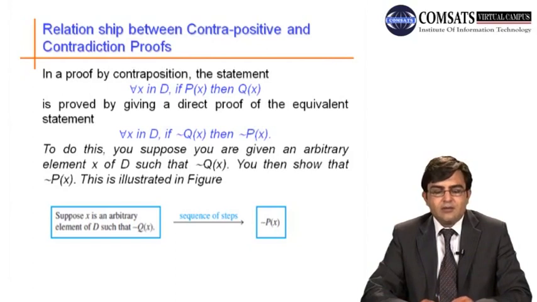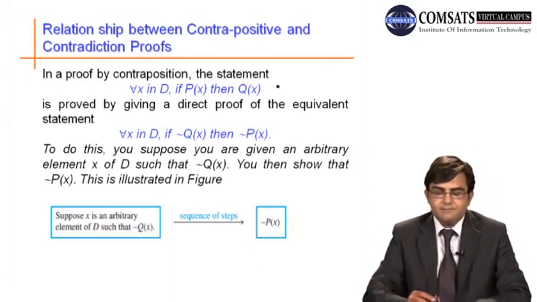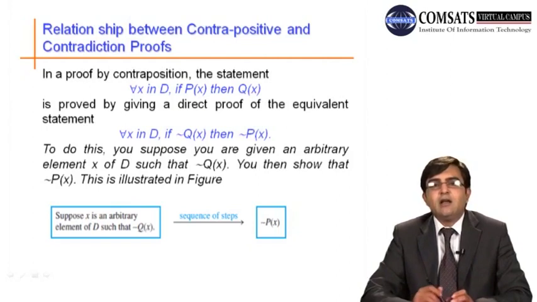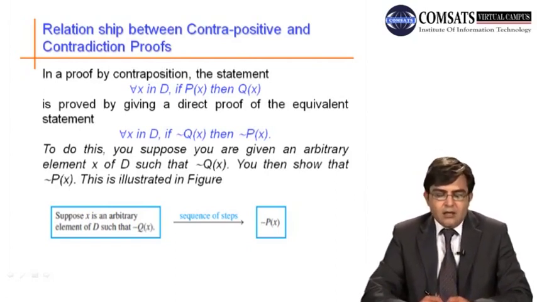In a proof by contraposition, the universal conditional statement, for all x in D, if p of x then q of x, we write into an equivalent form, which is the contrapositive form of the given statement, and then we prove this statement by using the direct method of proof.